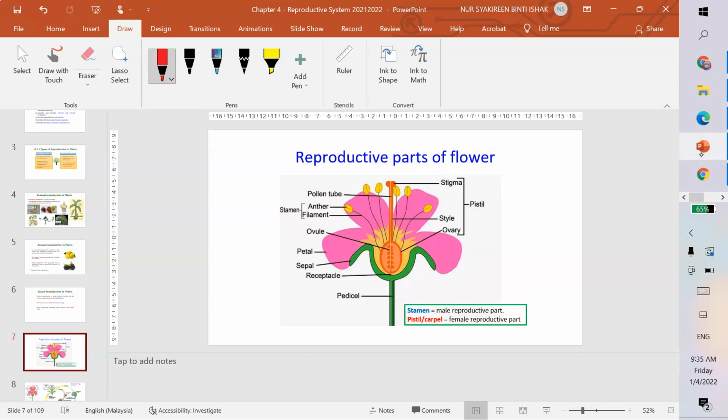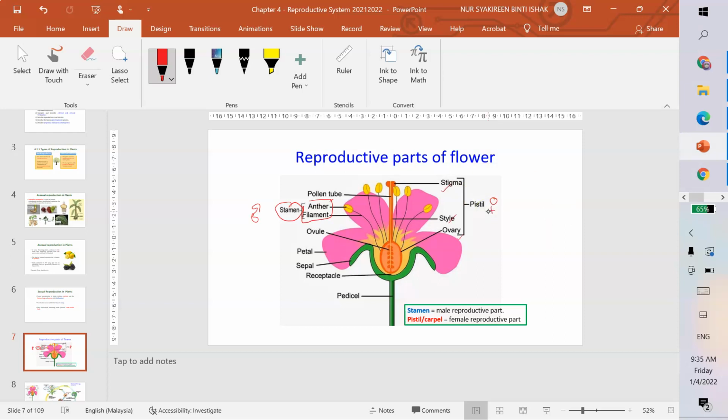Okay, so basically if you look at this diagram, you should be able to know the structure of the reproductive system for flowers, for plant. So pistil is the female reproductive part. Stamen is the male reproductive part. So stamen has anther and filaments. Anther is where pollen will be produced, and pistil has the stigma, style, and also ovary.